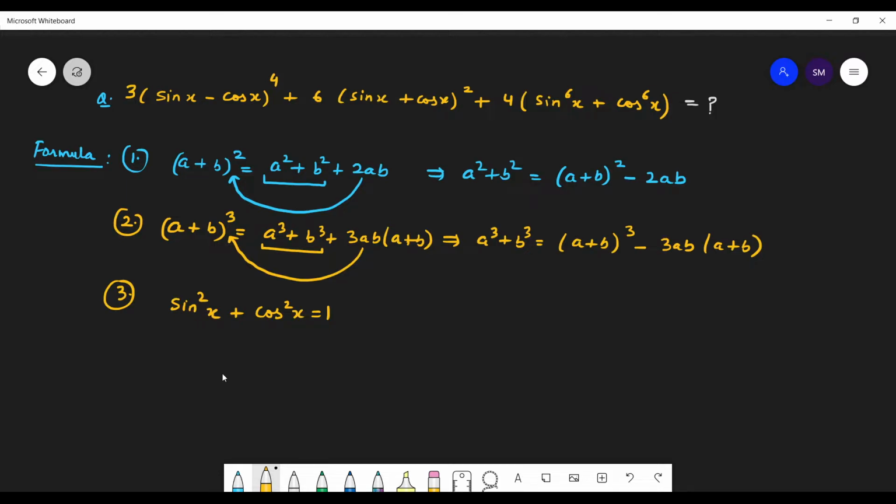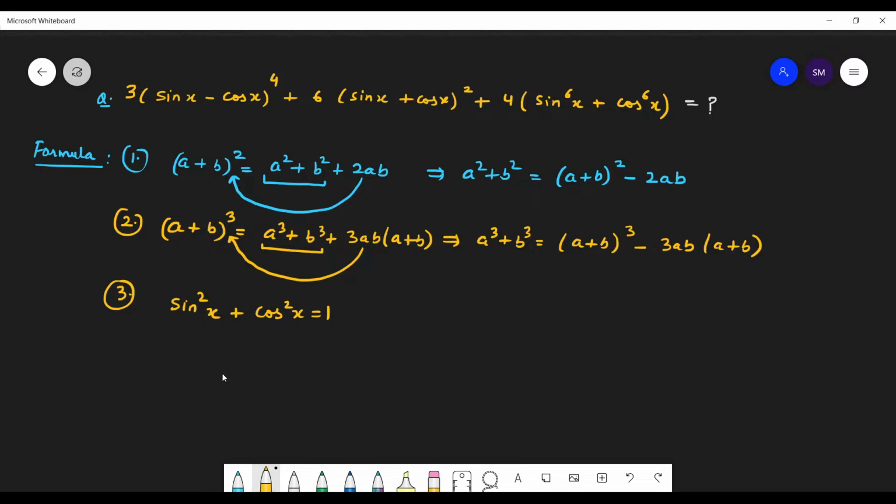So what is your a? A is sine square x, so sine square x plus cos square x whole cube minus 3 into a sine square x, b cos square x. So that's 3ab into a plus b. So sine square x plus cos square x.